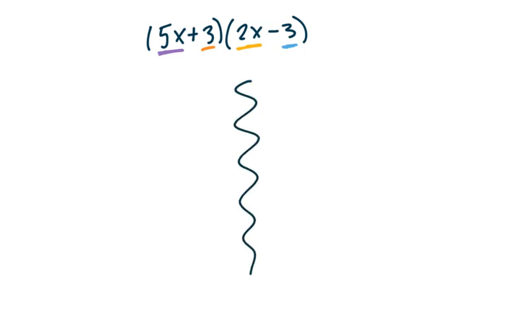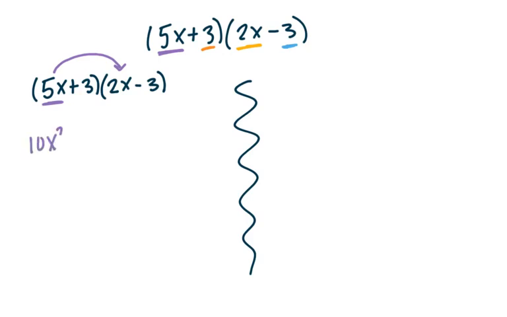The first one is just the distributive property. So we have to remember that we are going to distribute each term in the first binomial to each term in the second binomial. Starting with 5x, I'm going to multiply that to 2x, and we get 10x squared. And then 5x times negative 3 would be negative 15x.